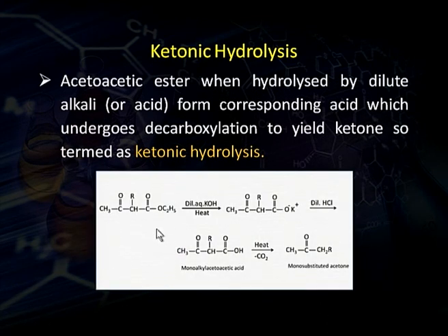This acetoacetic ester, upon hydrolysis with dilute aqueous alkali, forms the potassium salt, and this upon acidification with dilute acid forms monoalkyl acetoacetic acid, and this upon heating loses carbon dioxide and gets converted into the monoalkyl substituted ketone.